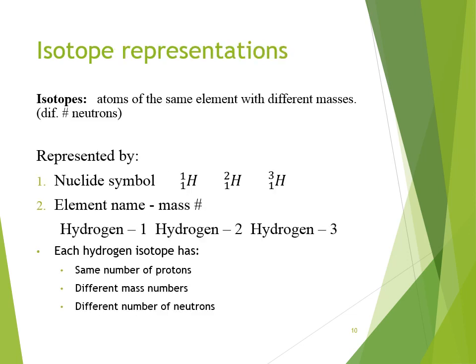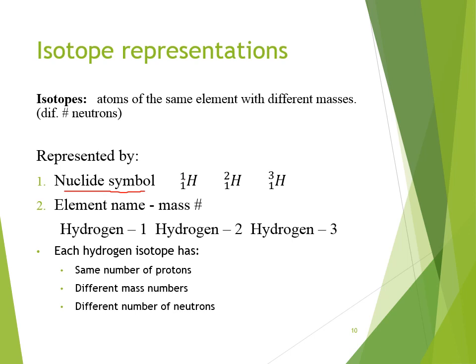So let's look at some ways that isotopes are represented. We've already seen one and actually calculated subatomic particles based off of the nuclide symbol. So remember that isotopes are atoms of the same element with different masses. Looking at the nuclide symbol representation of hydrogen isotopes, you can see that there are 3 different isotopes of hydrogen.